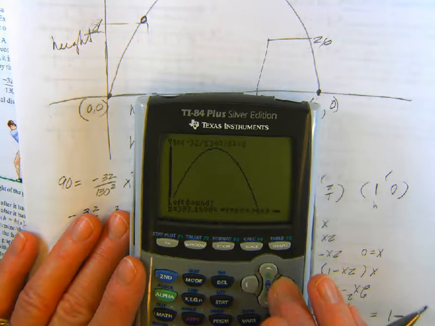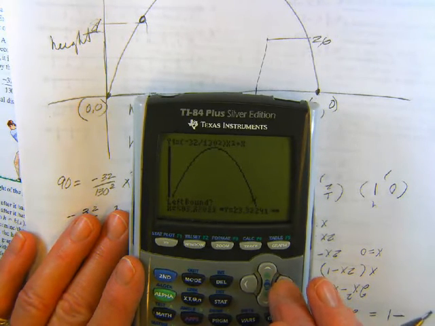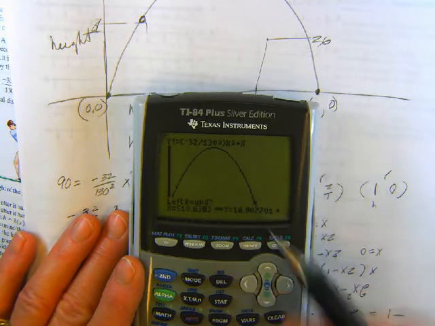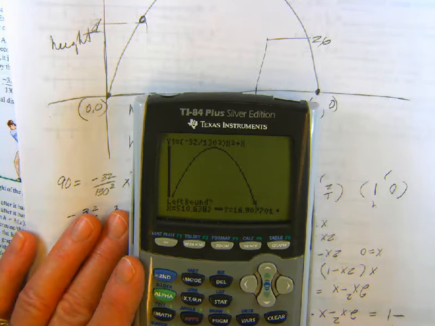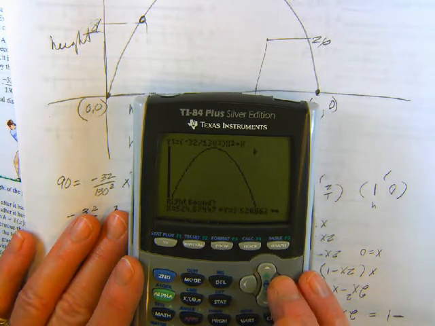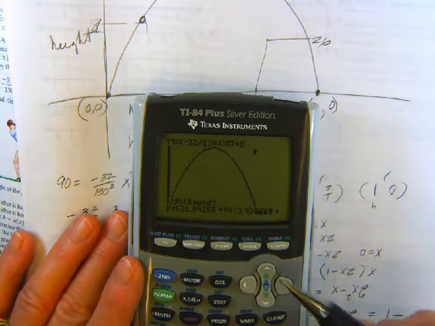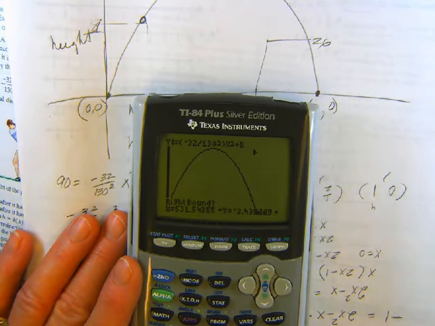My y is positive there. I'm going to let that be my left bound. I'm going to use my cursor. If I get a negative number, that means it's gone past it. I'm going to let that be my right bound. I don't want to guess. I want to know. At 528.125. That's where it hits the ground again.